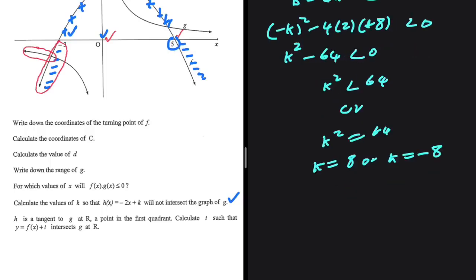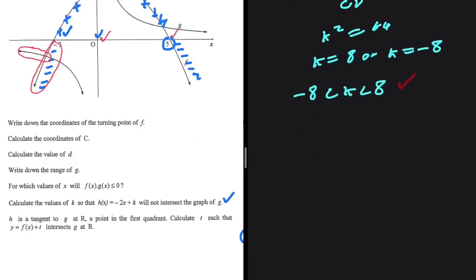The solution to this inequality, we have k being between minus 8 and positive 8. It has to be greater than minus 8 but less than positive 8. So these are the values of k for which h of x will not intersect g.